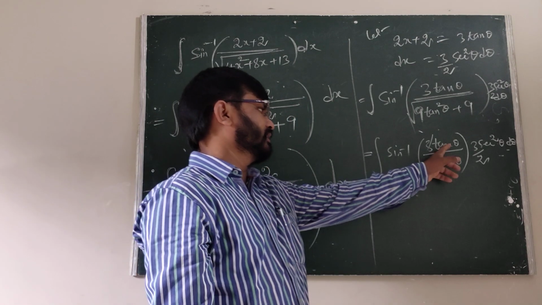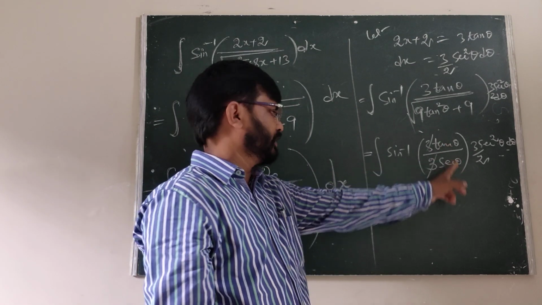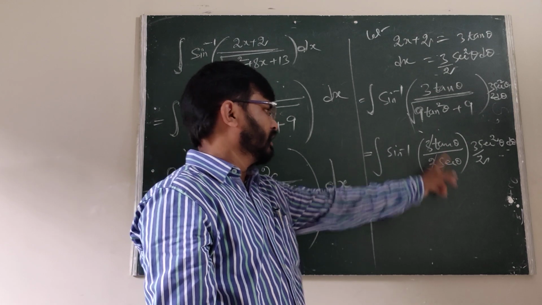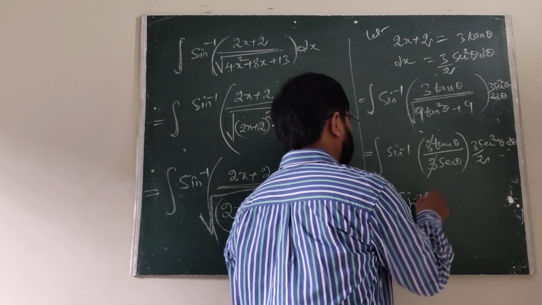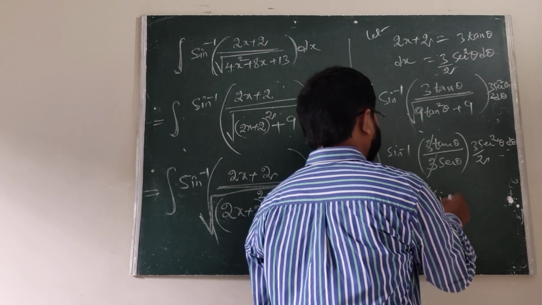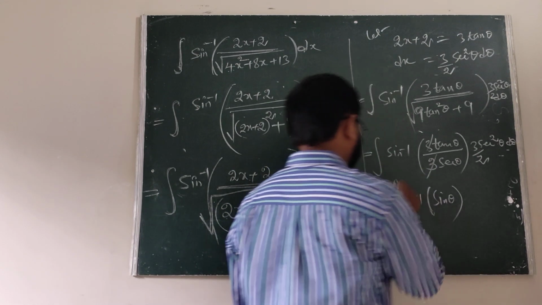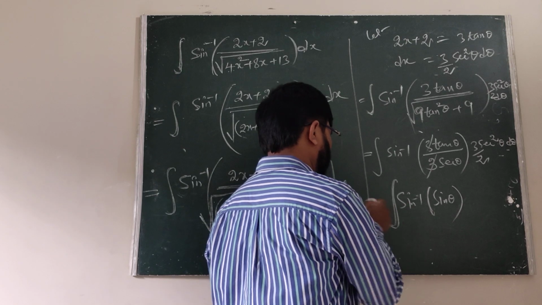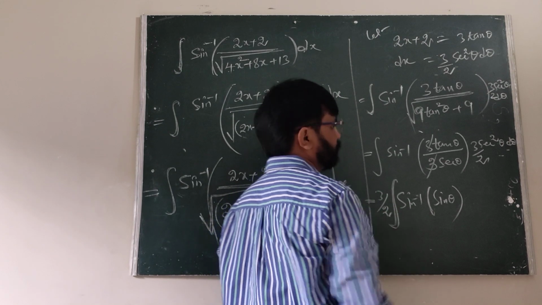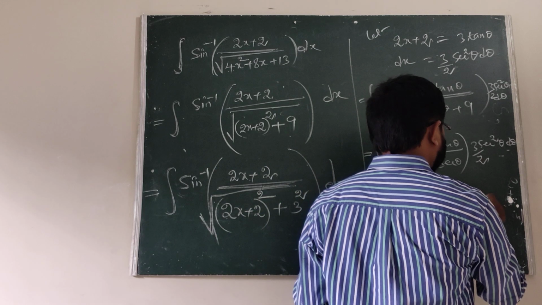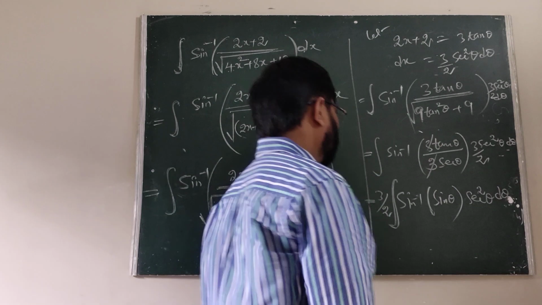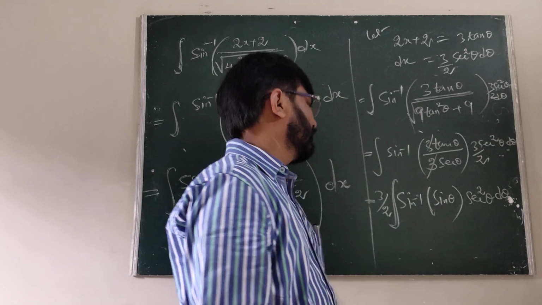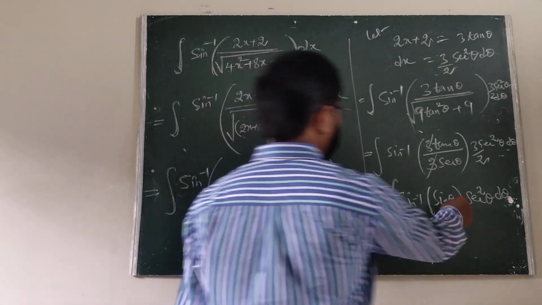Now tan theta is sin theta by cos theta, and secant theta is 1 by cos theta. Cos theta cancels. The remaining is sin inverse of sin theta, integral of 3 by 2 secant square theta d theta. Now sin inverse sin cancels. What remains is theta.